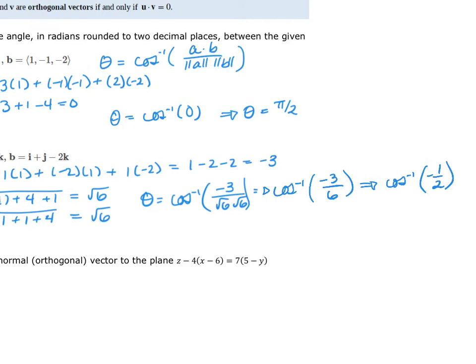That's kind of nice because that's on the unit circle. That tells me that my theta is a 30 in quadrant, it's a 60 in quadrant number 2, which gives me 2 pi divided by 3. So that is my angle between them.